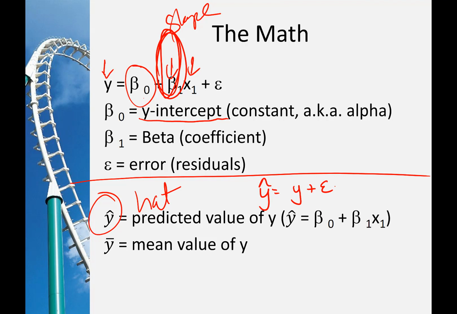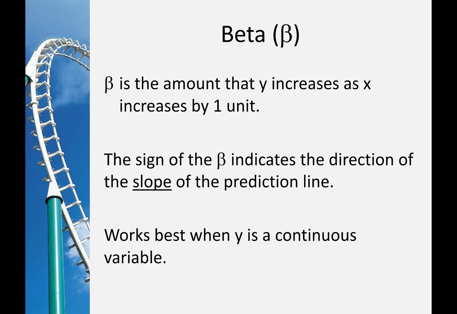You would get y hat by having your value of y plus whatever noise there is in there. So that's another way. Or you do this equation, and you notice we leave the errors out because we assume that they're 0. So that equation should equal that equation. Y bar, we know what the bar means. The bar is the average. But now we're going to put the bar over our y, and that's just the mean value of our y.